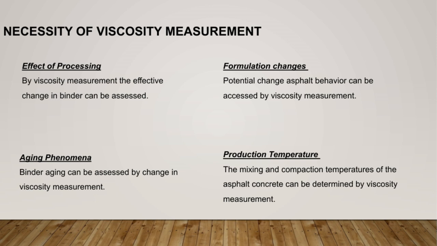This allows us to see how different processing conditions influence the binder's properties, helping us optimize the manufacturing process for better performance. In summary, viscosity measurement is a crucial tool because it provides insights into formulation, aging, production, and processing effects, making it essential for ensuring the durability and quality of asphalt pavements.